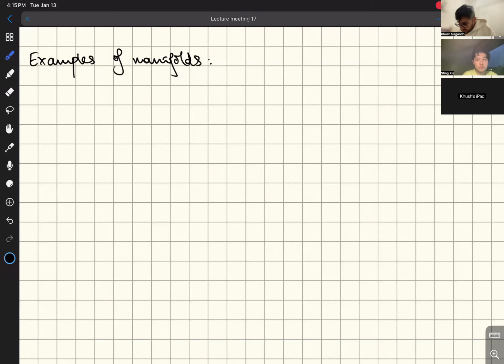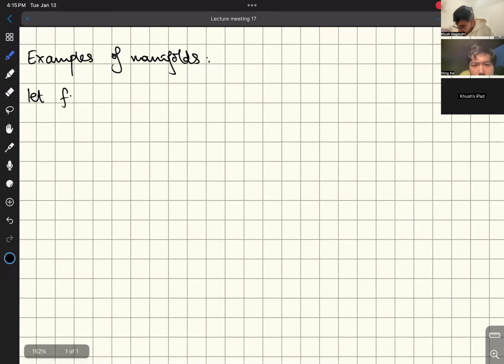So here's the setting. Let f from M to N be smooth. So M and N are smooth manifolds as always.